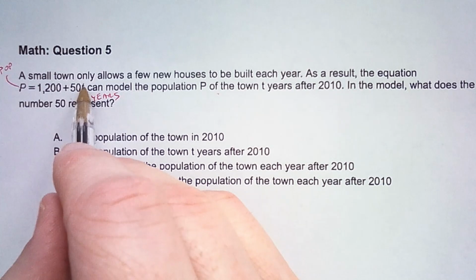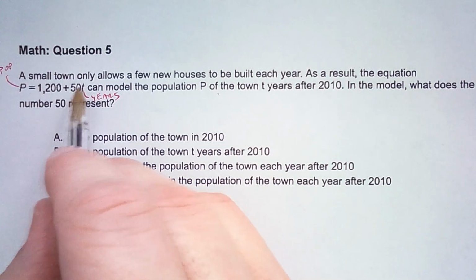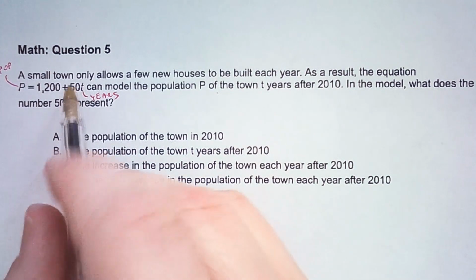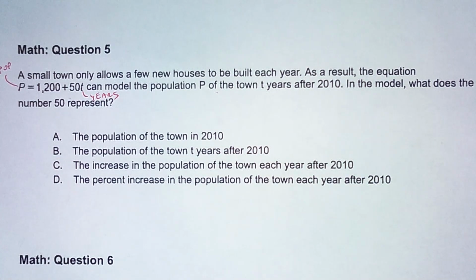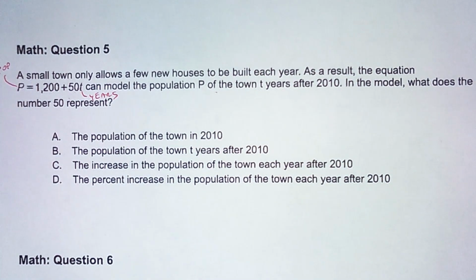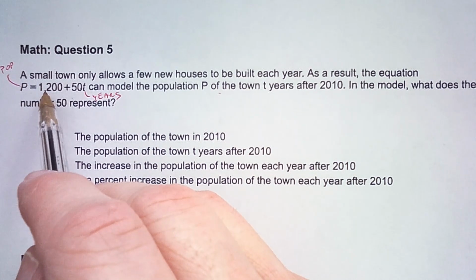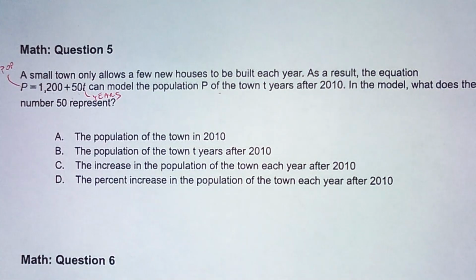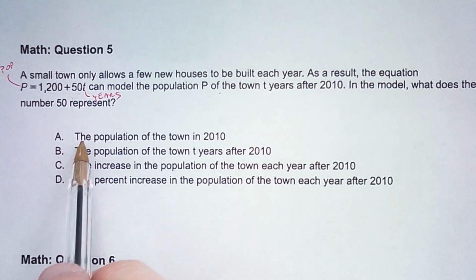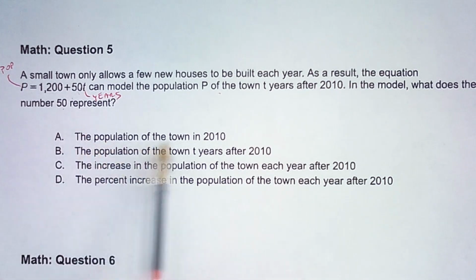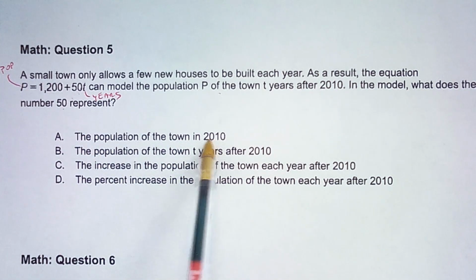Okay, so if T is years, 50 must be 50 houses times the number of years. So 50 would be the number of houses per year. So it looks like we started with 1,200 houses in 2010, and we're going to add 50 houses per year. So 50 represents the population of the town in 2010? No, that would be 1,200.